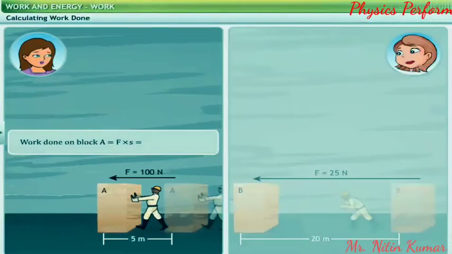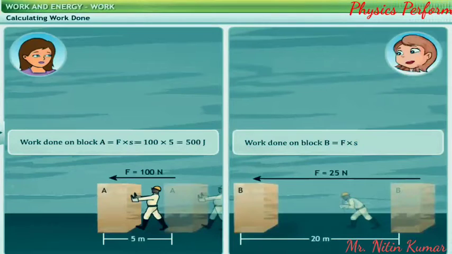Work done on the block A is the product of 100 Newton and 5 meters, which is equal to 500 joule. Work done on block B is equal to 25 Newton multiplied by 20 meters, which is equal to 500 joule. That means that the work done in both these cases is the same.